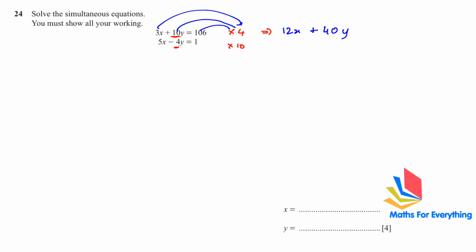And 106 multiplied by 4 will give us 424. So we wrote that. And now we are going to multiply 5x by 10, giving us 50x. Negative 4y multiplied by 10 will give us negative 40y. And 1 multiplied by 10 is 10.